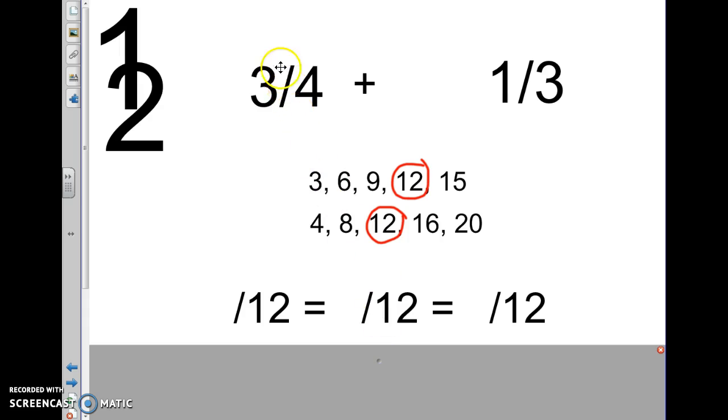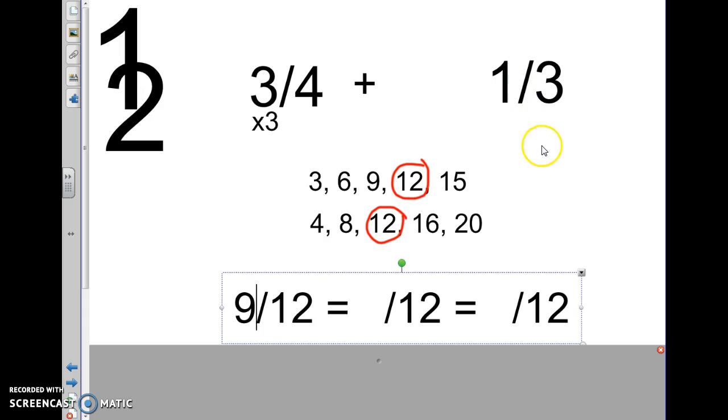So we are going to change this 3/4 into an equivalent fraction with 12 as the denominator. 4 times 3 is 12. So if we multiply by 3 on the bottom, we have to multiply by 3 on the top. 3 times 3 is 9. So 3/4 is the same as 9/12. And then 1/3: to change the 3 to a 12, we multiply by 4.